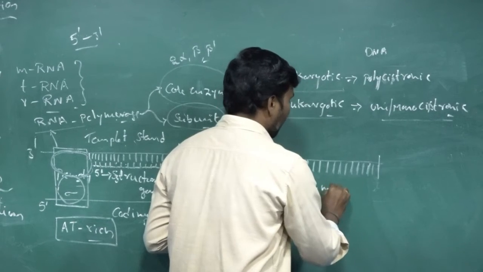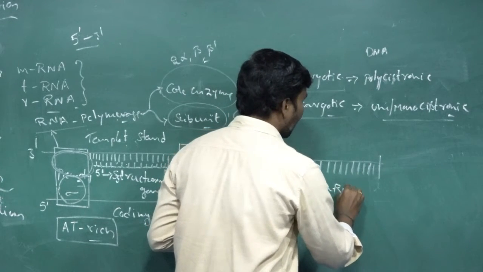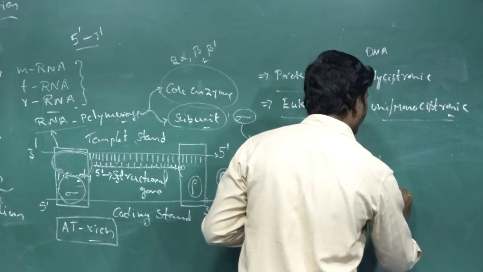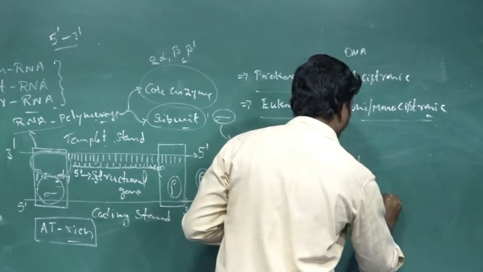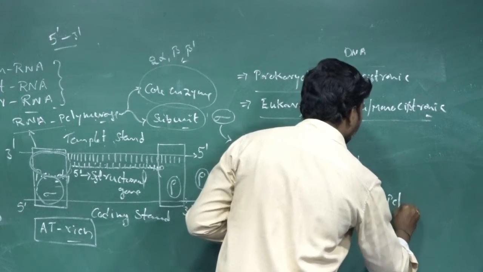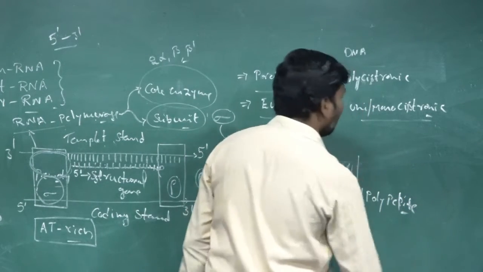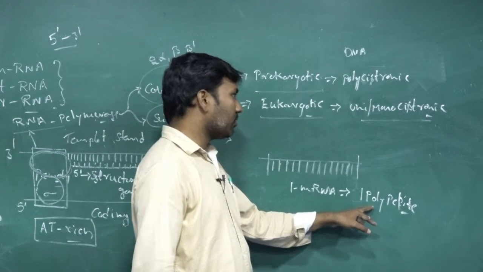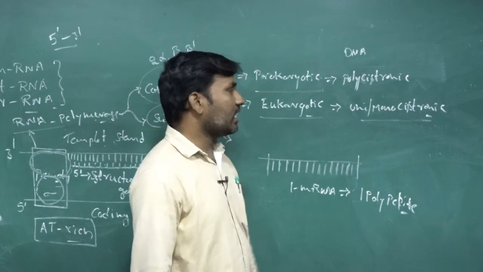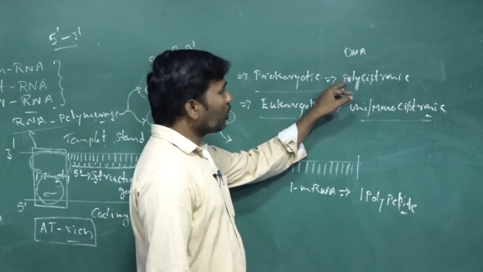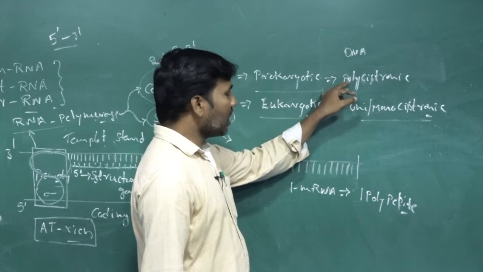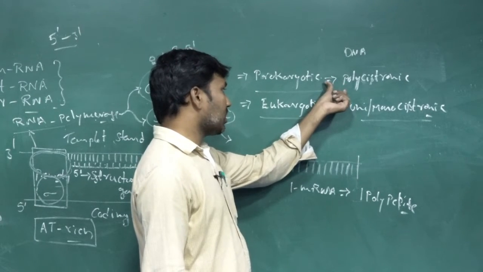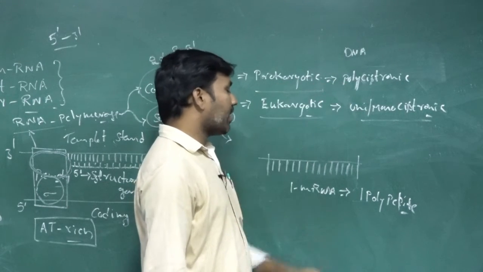In eukaryotes, one structural gene gives one mRNA. This one mRNA is synthesized into only one polypeptide. These code for only one polypeptide, so it is called a monocistronic mRNA. In the prokaryote, it codes for more than one polypeptide, that means many polypeptide chains are coded from one mRNA.